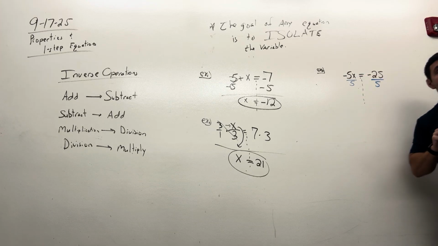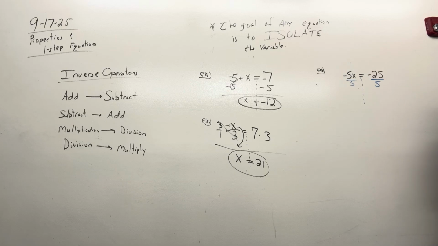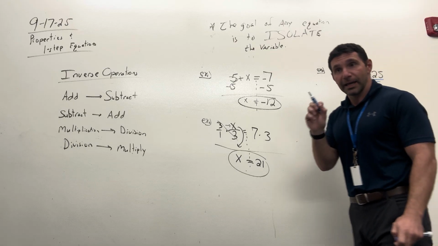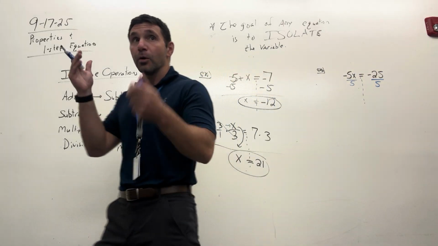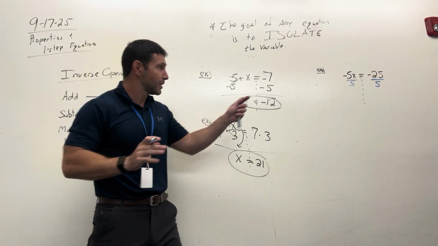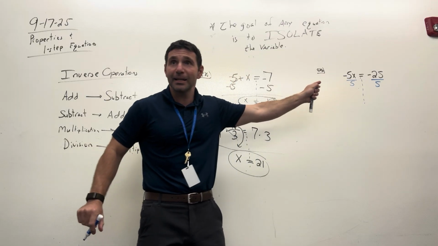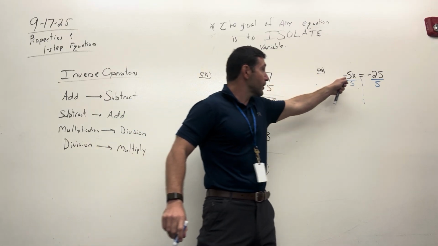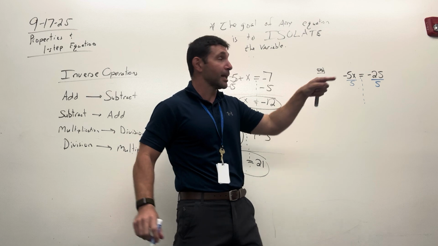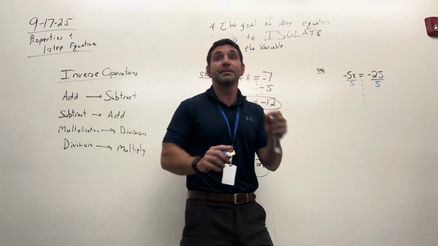Now, what's a negative 5 divided by 5? That's 1. No, it's not. It's negative 1x. Same thing? It's not. Negative 1x has not isolated. We want a 1x. So doing this does not help me. Not only am I going to take the number and divide, but I also have to keep the sign.